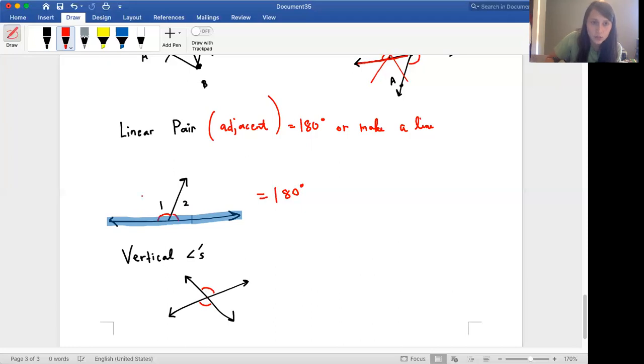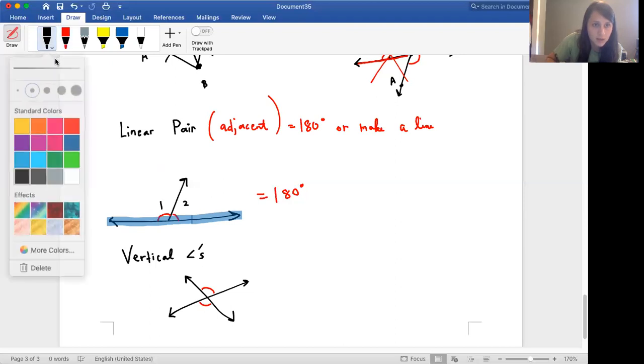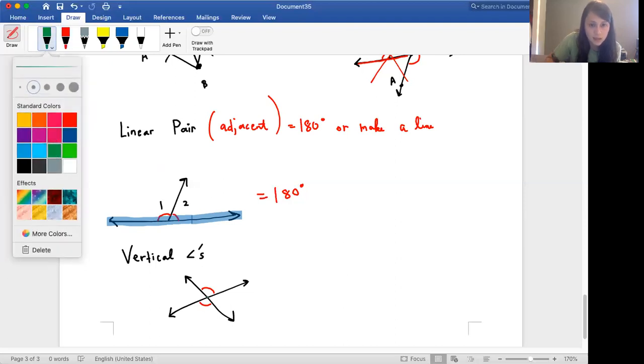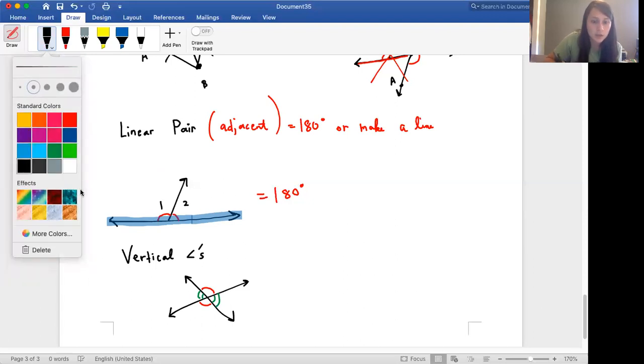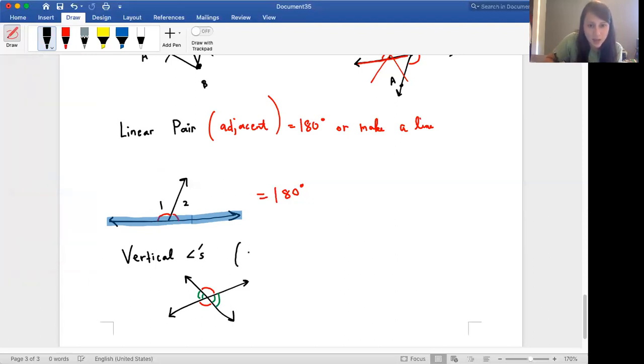So these two are vertical. You could even say, using a different color here, that these two are vertical. So the green ones are vertical, the red ones are vertical. And what's interesting about vertical angles is that they are always congruent.